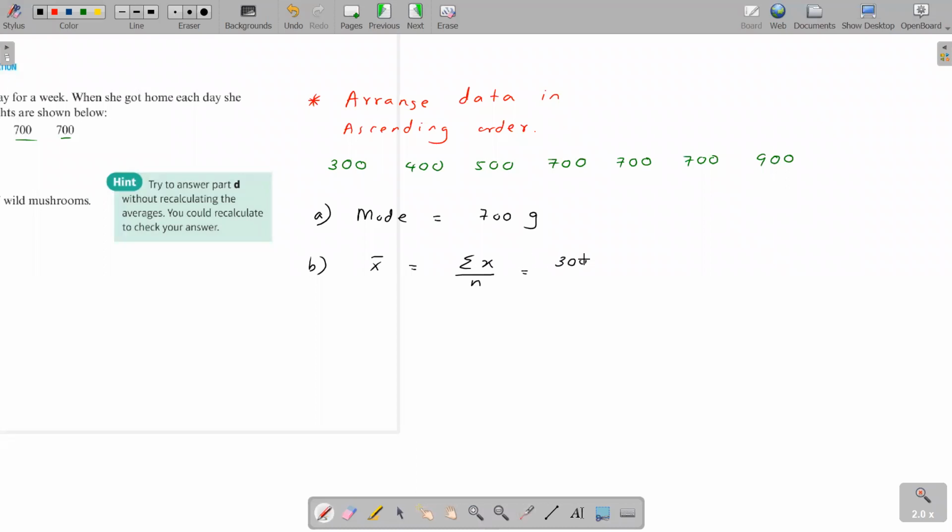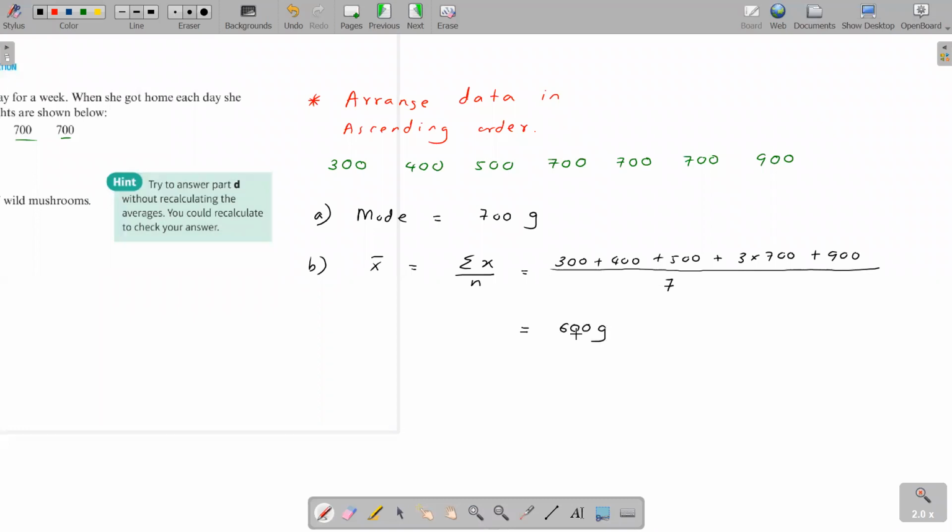So you add 300, 400, 500 and 700 along with the 900, and divide by how many data points? 1, 2, 3, 4, 5, 6, 7. There are 7 data points. So add everything and divide by 7 and you will get the mean.